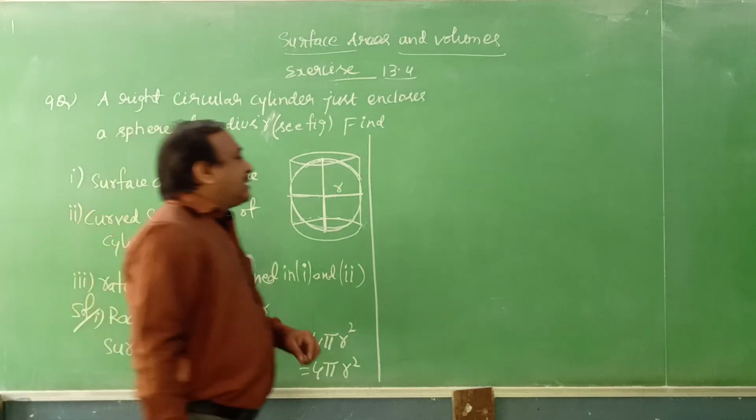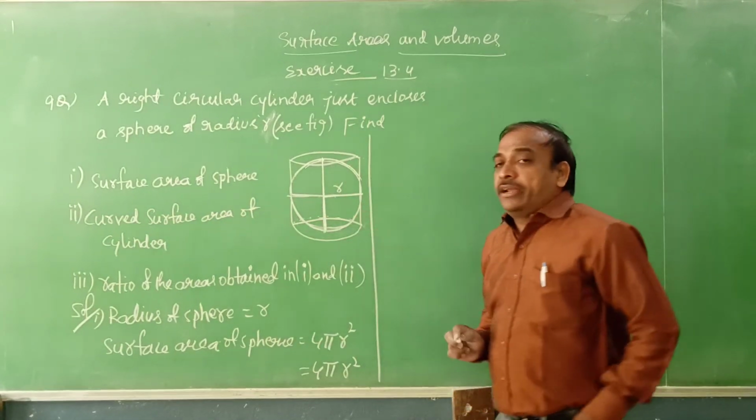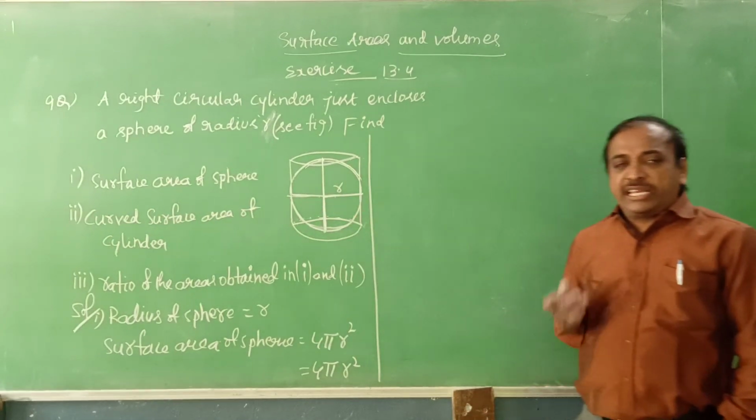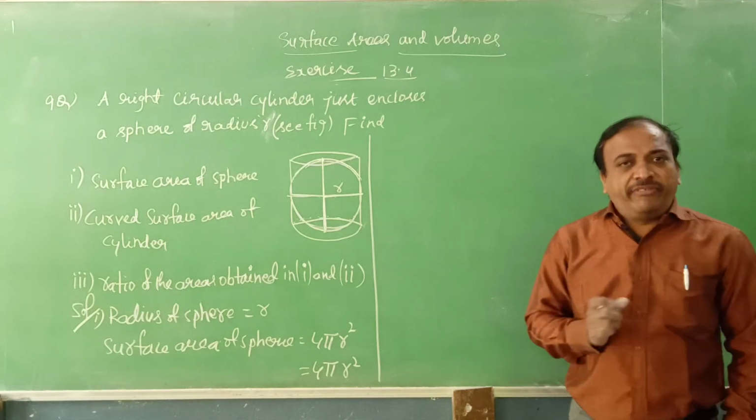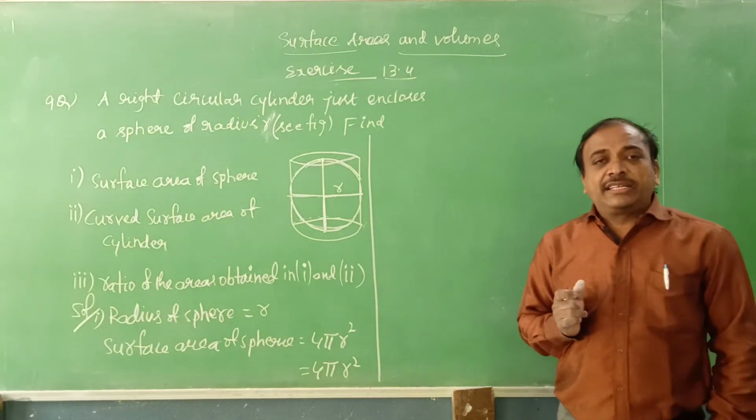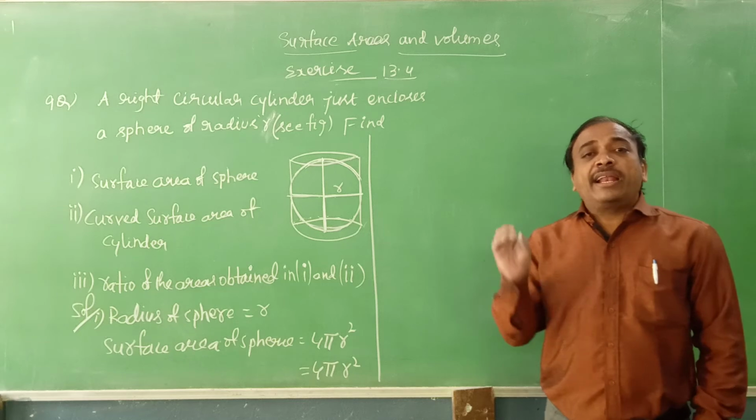Second one, the curved surface area of the cylinder. What is the formula? You already learned the curved surface area of the cylinder in the previous session. Yes, you are right, 2 pi r h.